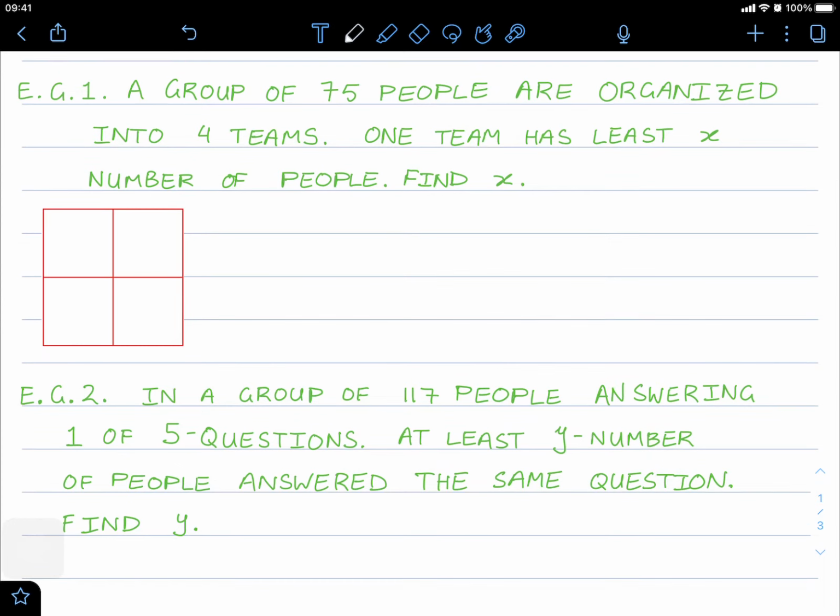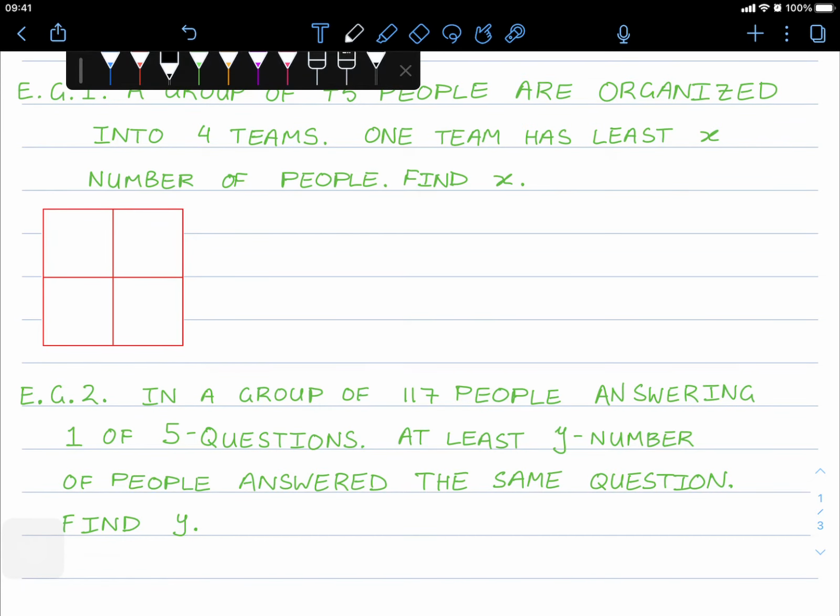And if we were to start filling them in with 75 people, 1, 2, 3, 4, 5, 6, 7, 8, 9, 10, and so on, one of these must have X. And this is assuming that we're trying to even out these 75 people into the 4 teams.